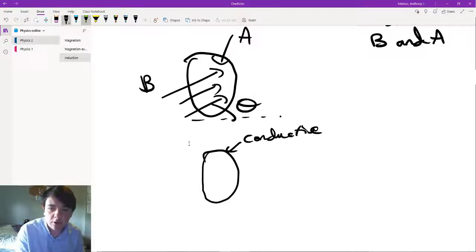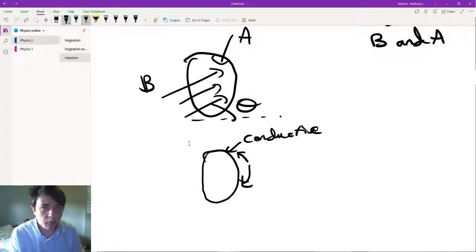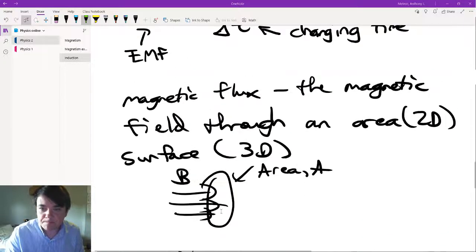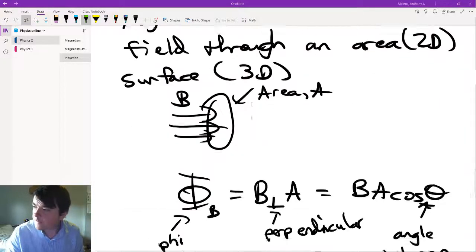And it will induce a current either this way or in the other direction around this ring to generate its own field. I'll show you how to do that when we do examples. But it's not too bad as far as the math. It's just this equation and then this one so far.